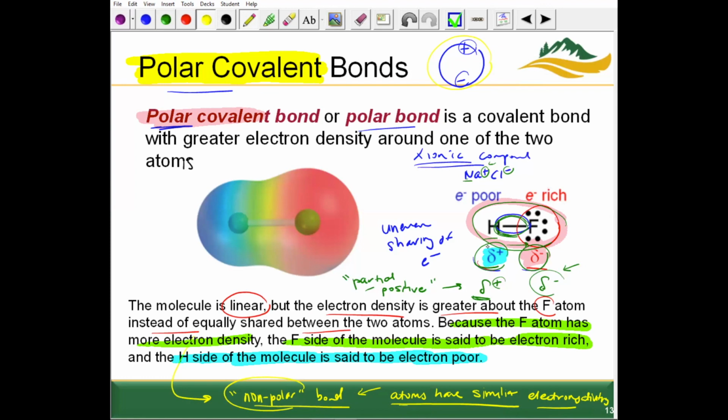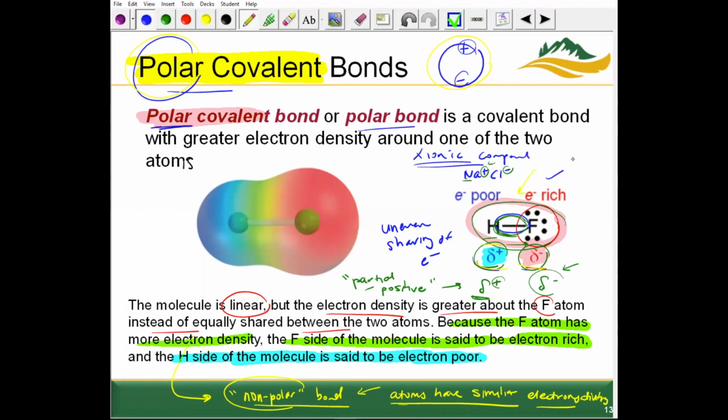One atom isn't going to pull more electron density towards itself. But when there is such a difference in the electronegativity of the two atoms in a bond, there's going to be polarity to it. There's going to be a polar covalent bond when those two atoms have such a difference in their electronegativity values.